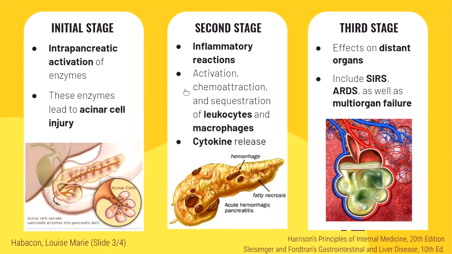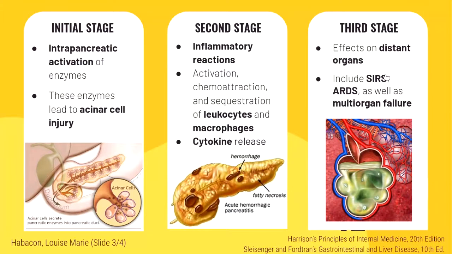The inflamed pancreas will also release cytokines, which will now cause edema, hemorrhage, necrosis, and vascular damage, among others. Vascular damage is leakage of these cytokines into the circulation, which will now bring us to the third stage: the effects of the cytokines on the distant organs.